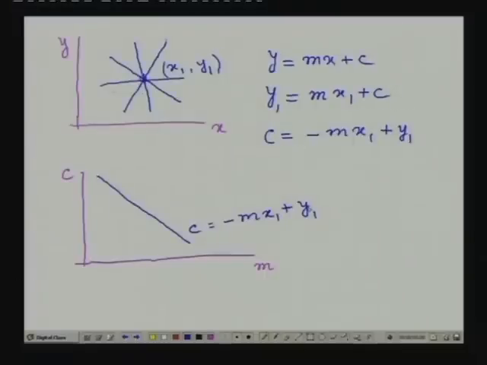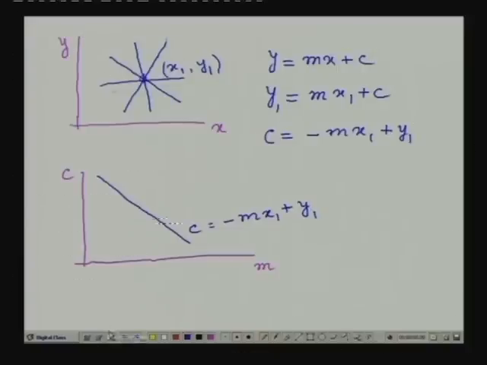And this is the basis of the Hough transformation, by using which we can link the different edge points present in the image domain, which is nothing but the spatial domain, or our x y plane.